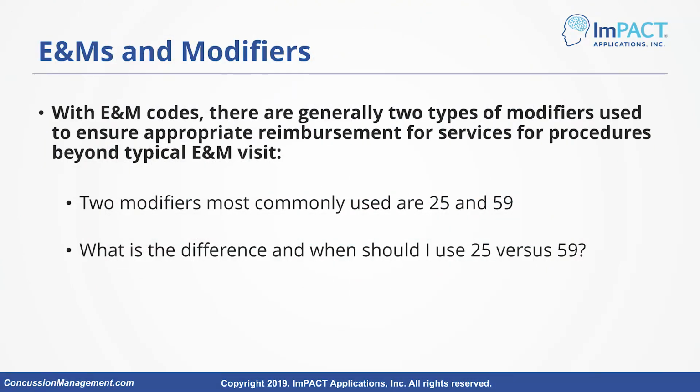With E&M codes, there are generally two types of modifiers. One is 25 and one is 59. And the question is, what's the difference and when should I use 25 versus 59? I can say in most cases the 25 is the more commonly used. Some insurers are going to request you use a 59, but in more cases than not, it's going to be a 25.